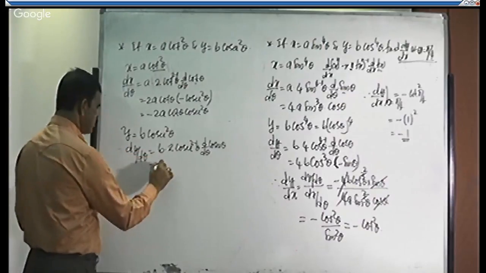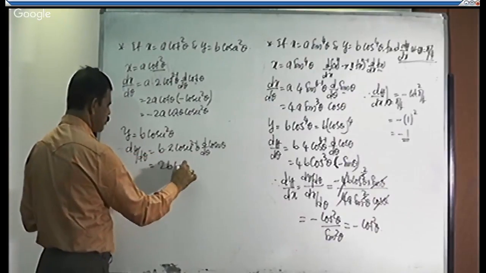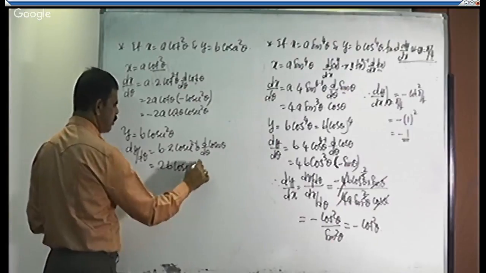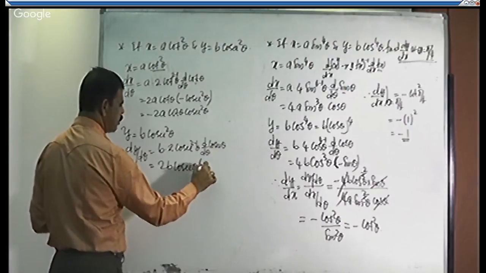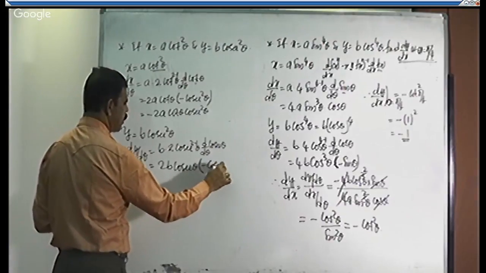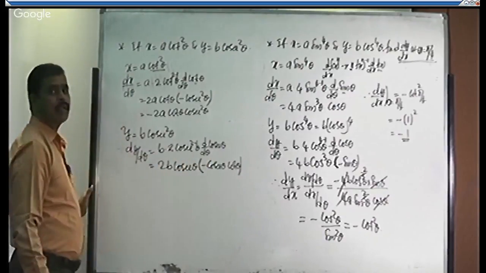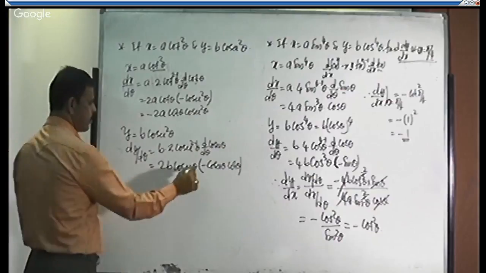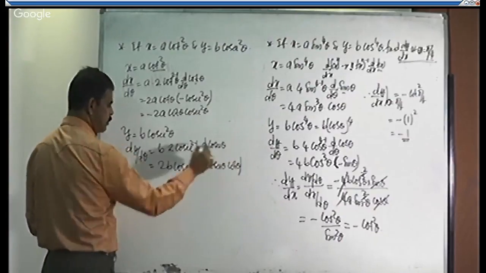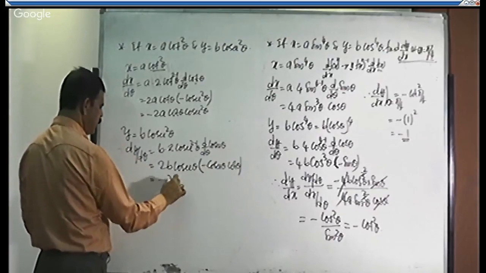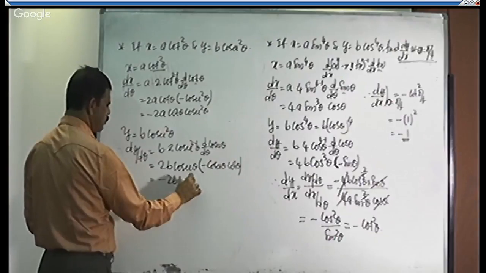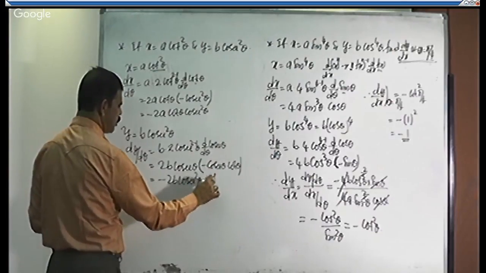It is equal to 2b into cosecant to the power of 1 into differentiation of cosecant theta, which is minus cosecant theta into cot theta. Wherever you get a negative like this, put a bracket. It is minus 2b into cosecant square theta into cot theta.